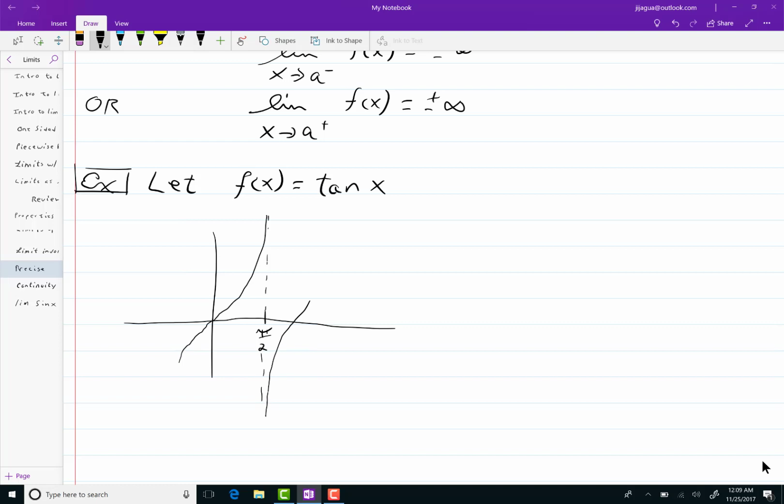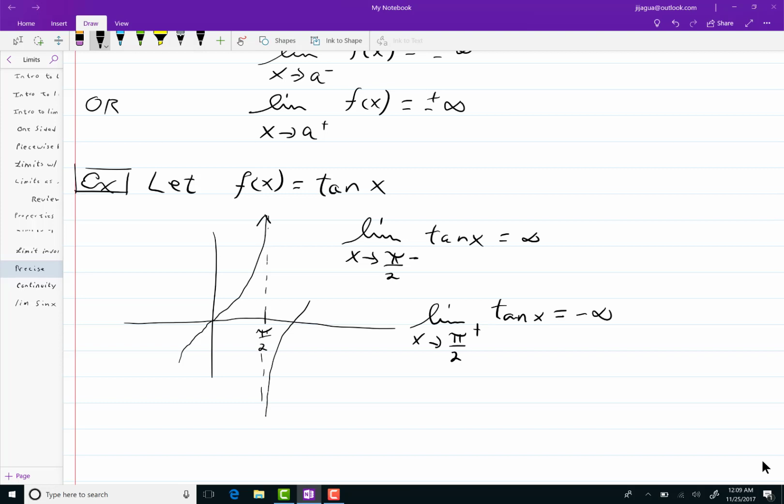So we know that the limit as x goes to pi over 2 from the left is positive infinity. We also know that the limit as x goes to pi over 2 from the right of tangent of x equals negative infinity.